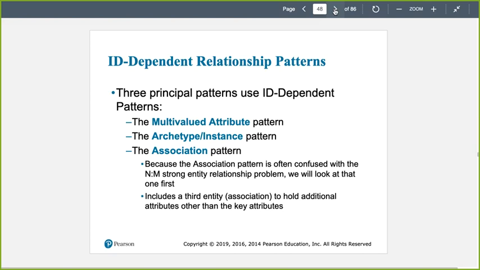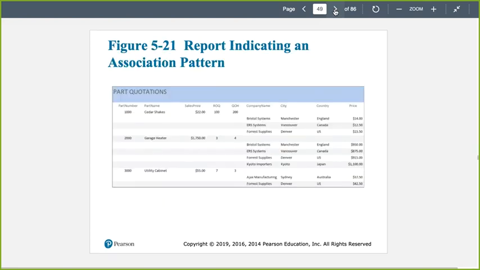And the next pattern is also a small pattern called the multi-value attribute pattern, or archetype instance pattern. Let's take a look at what they look like. So this is a multi-value pattern. When we were discussing normalization theory, these were called the multi-value dependency example.